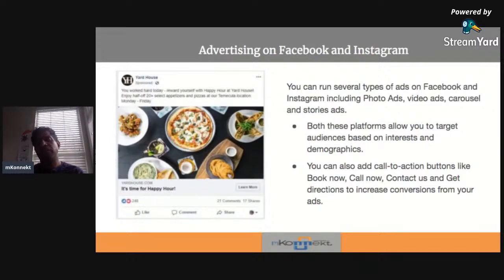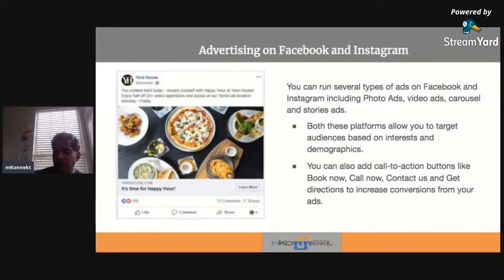And then you actually have Facebook and Instagram, and WhatsApp as well, the ability to start coming up with ads on these popular channels.